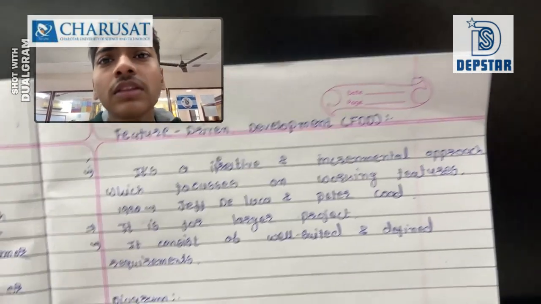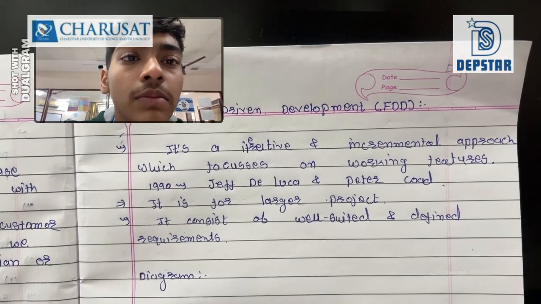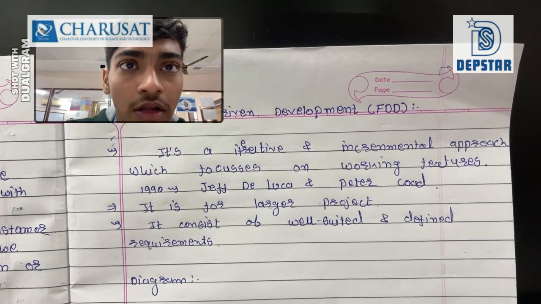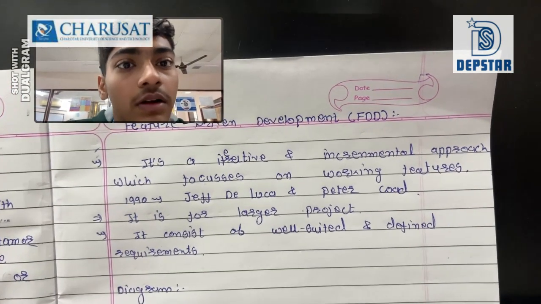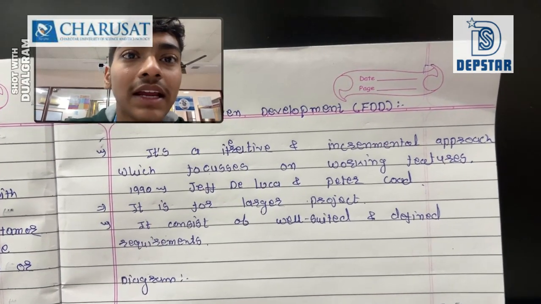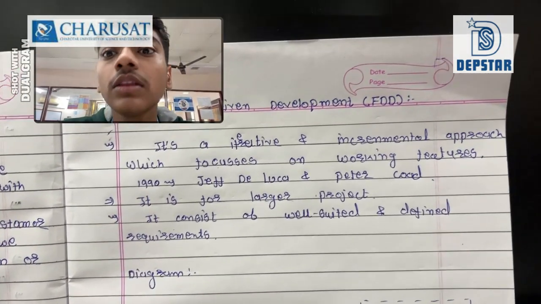This model was developed by Jeff De Luca and Peter Coad in 1990. It is for large projects, similar to the spiral model.